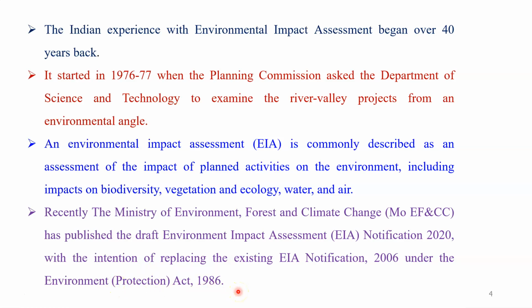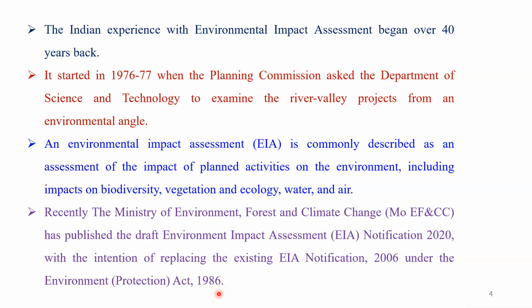What do you mean? It means the Government of India has now published a new draft for environmental impact assessment in 2020, but the base for this draft is the rules and information given in the notification of 2006 under the Environmental Protection Act 1986. That was the main base.